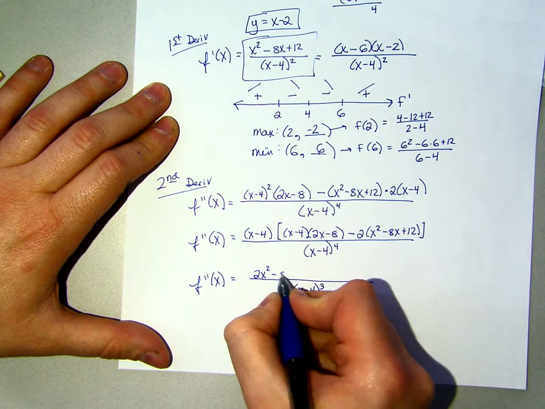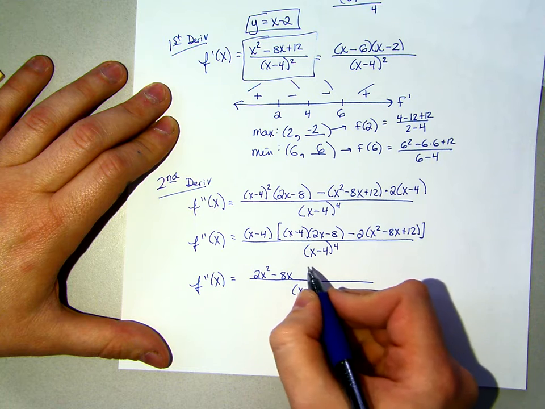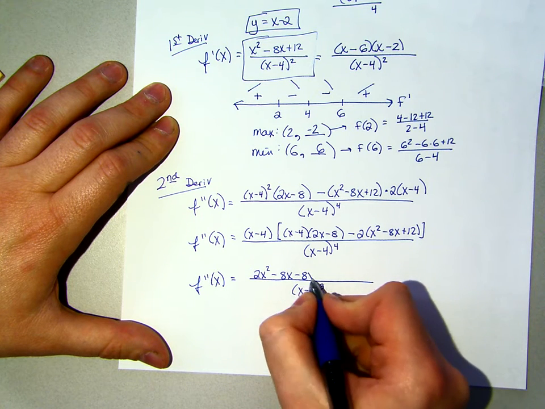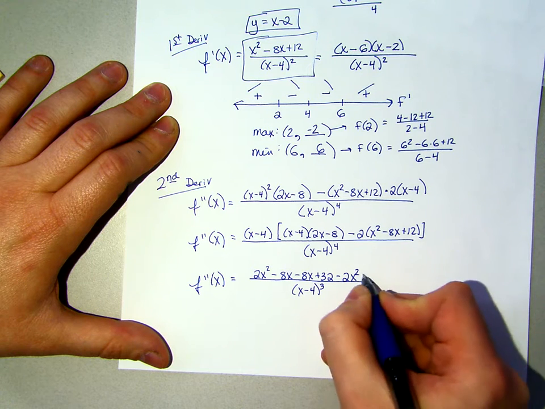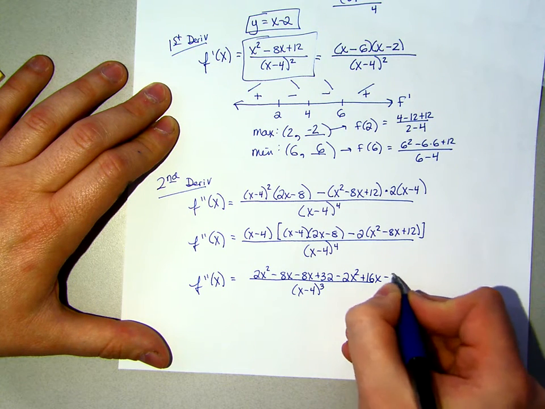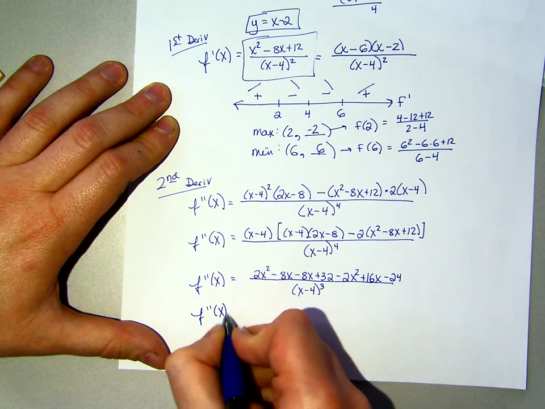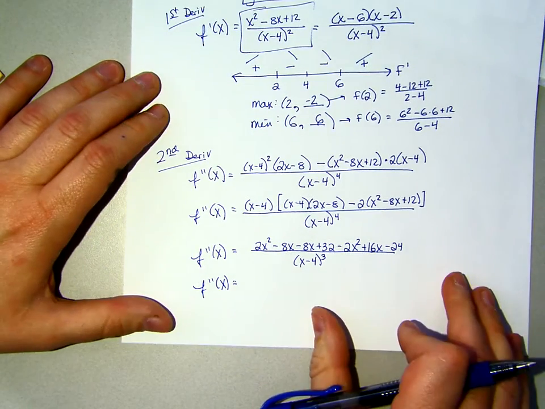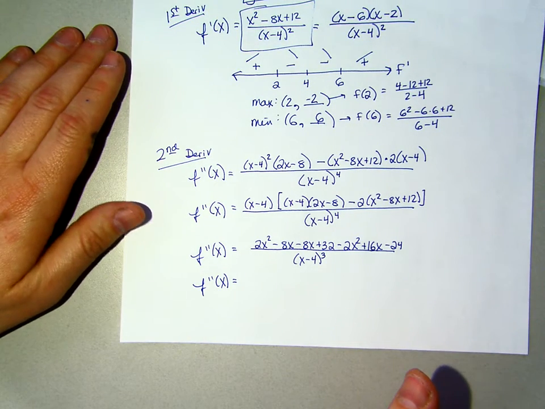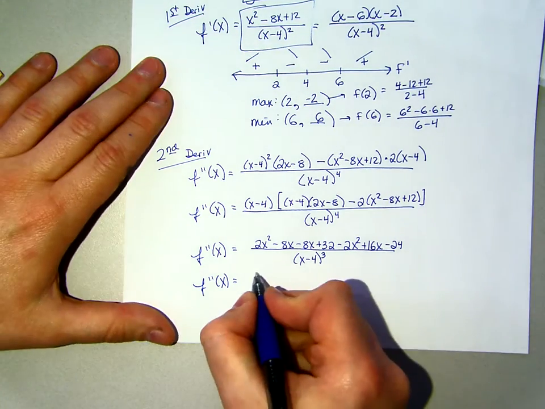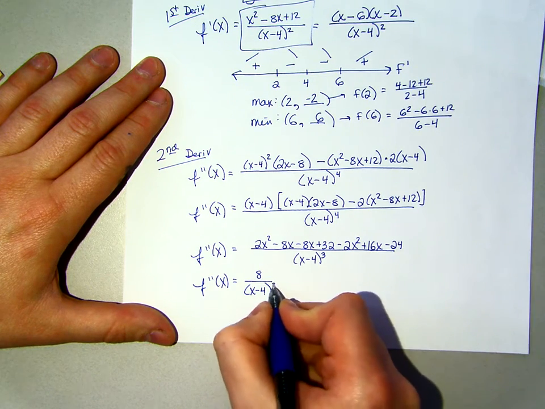So x squared minus 8x, minus 8x plus 32 minus 2x squared plus 16x minus 24. You're just going to get 8. Your second derivative is 8 over x minus 4 cubed.